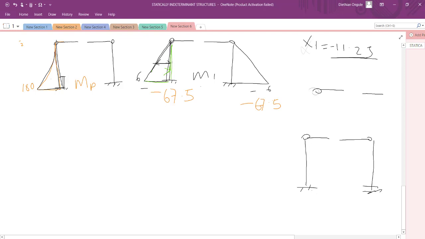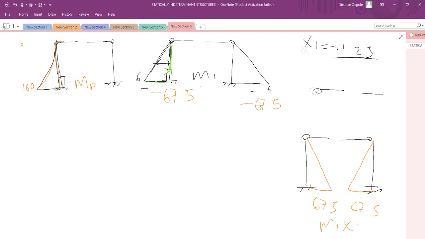So instead of being on the outer side, it would turn to the inside part, with now a positive 67.5. Then even this side here would be positive 67.5. So this becomes the M1 x1 diagram.